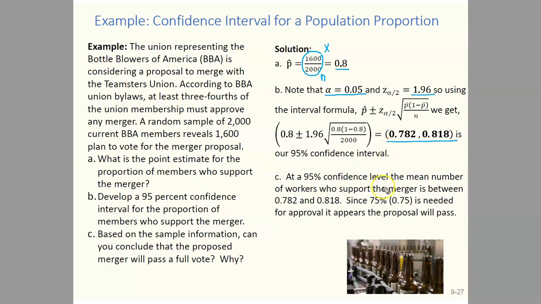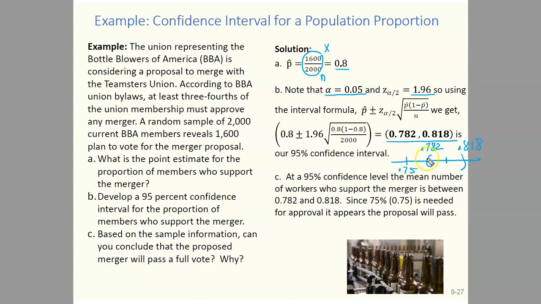Well, notice that we need 75% or more of the members to approve the merger, and notice that 0.75 is to the left of this interval. So, if we put this on a number line here, here's 0.75, and our confidence interval is over here. This is 0.782, and this would be 0.818. And our point estimate is right in the middle here.